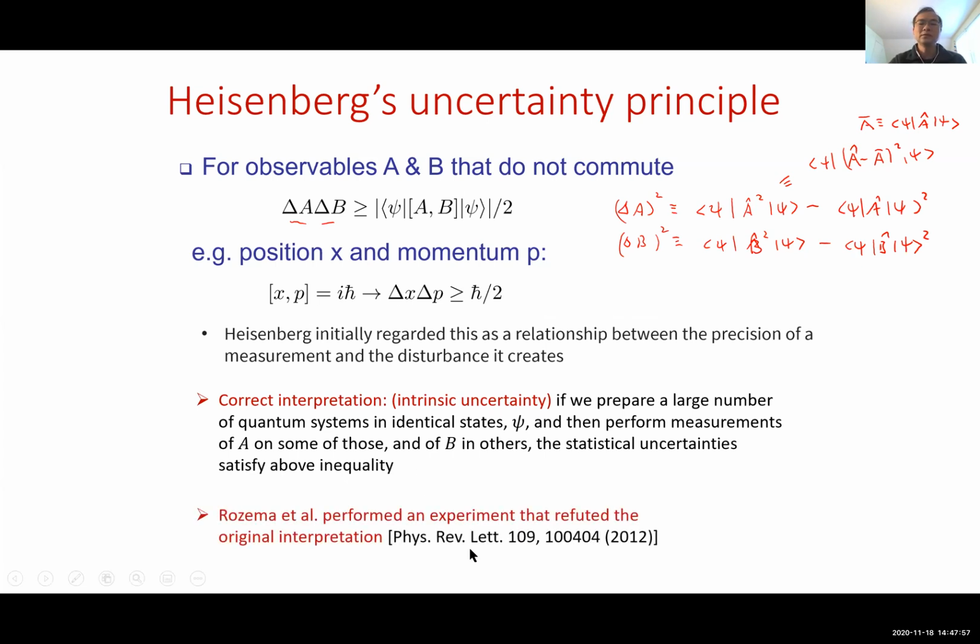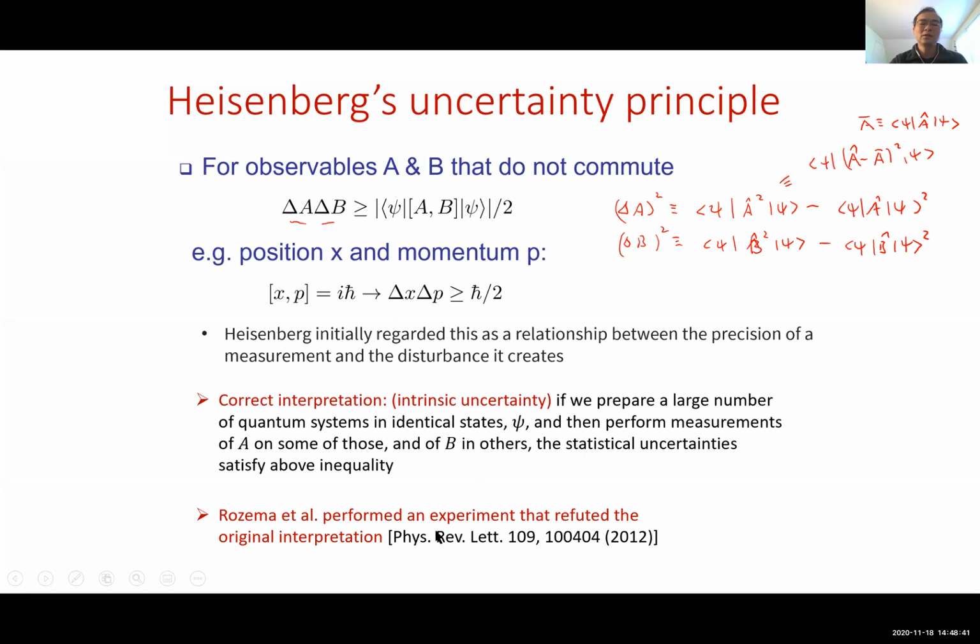In fact, there was an experiment performed by a group of physicists in Toronto using so-called weak measurement. They could measure some observable, for example A, and after many averages, measure its uncertainty. Because it's a weak measurement, they could also measure how much the observable B has been affected.